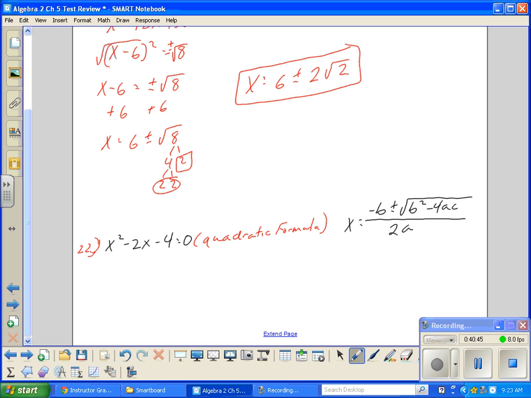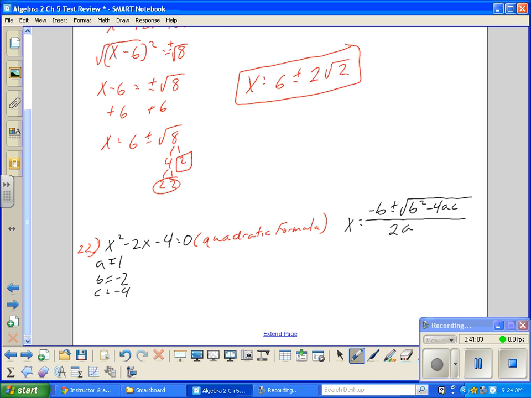And we're using the quadratic formula, so we have to identify a, b, and c. A is the term in front of the x squared, which there's nothing there, so we assume that's a 1. B is in front of the x, which is negative 2, and c is the constant term, the number by itself, negative 4.